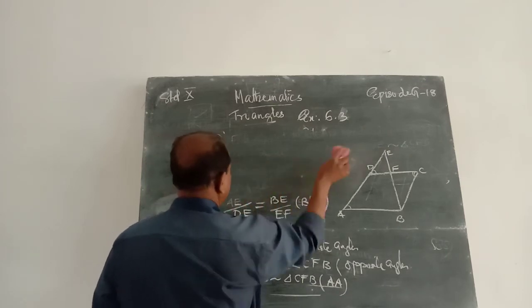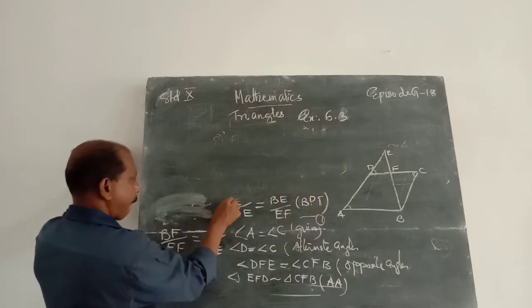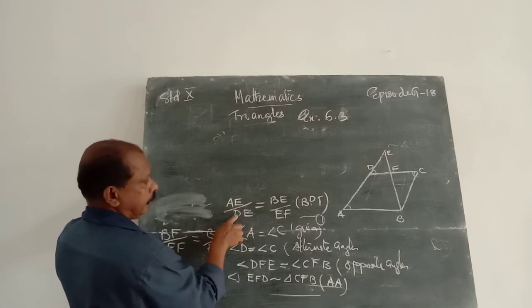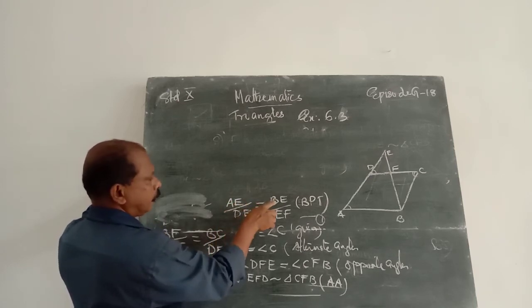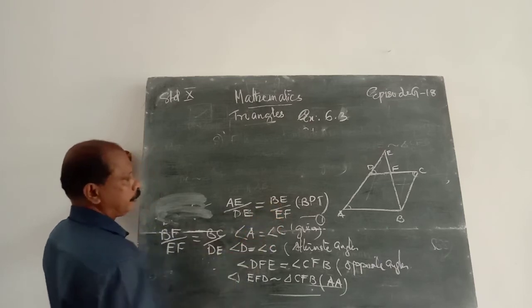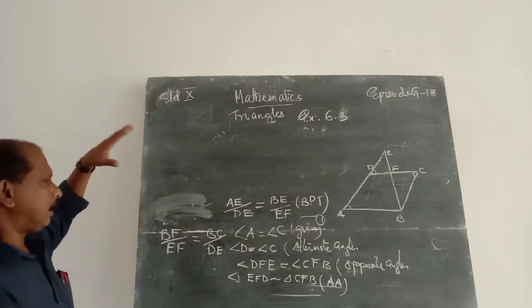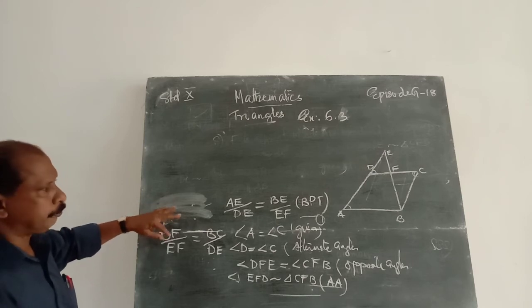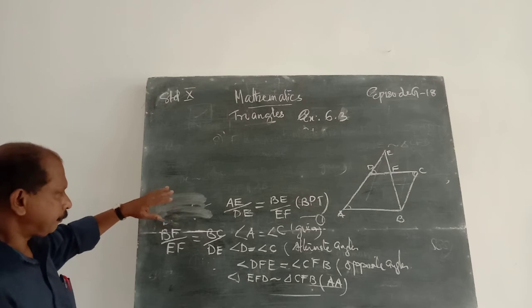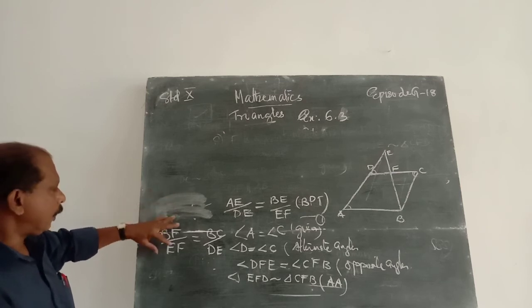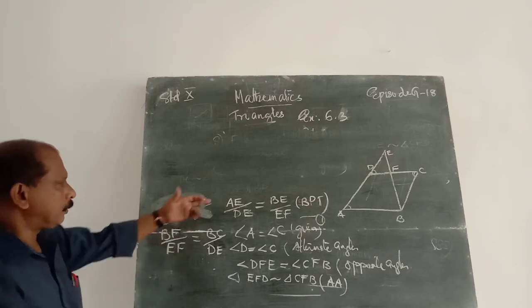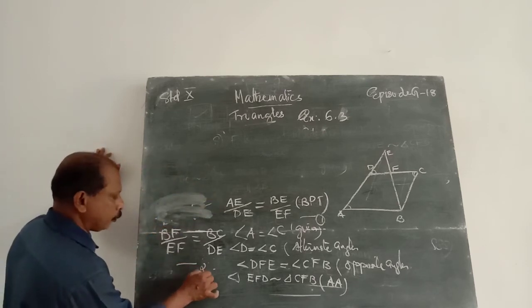Then let us consider this equation: AE by DE is equal to BE by EF. This is equation number 2.